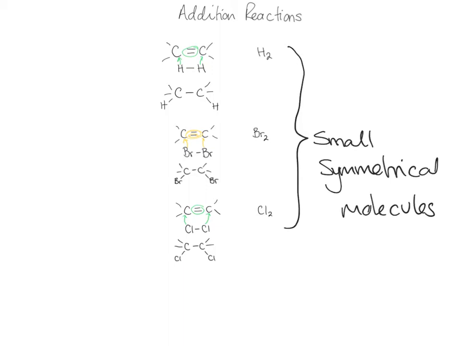We only get one product from small symmetrical molecules because there's no other place for each of the atoms to go. But if we have a look at the asymmetrical molecules, and there's just two that we need to worry about, we'll see that there could be two possible results.